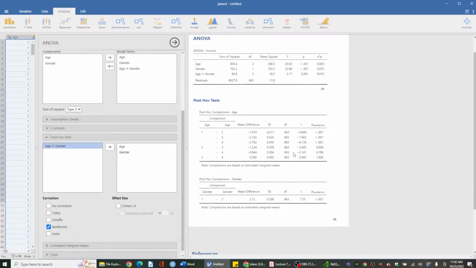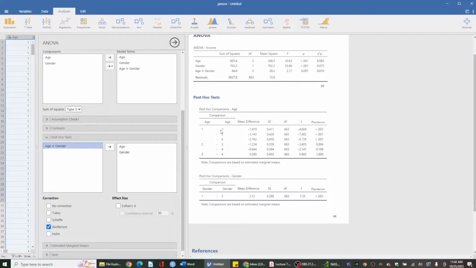So now we can see all the different levels of the age variable being compared to one another. So I believe it was those at 29 and under are significantly different than those 30 to 39, 40 to 49, 50 to 59, or 60 plus. And we can tell because it's significant here. And this is significant.